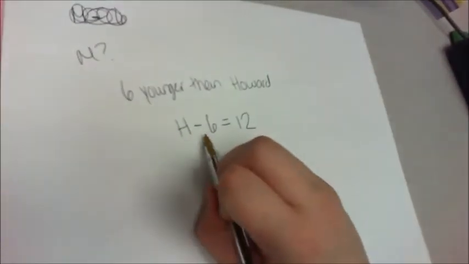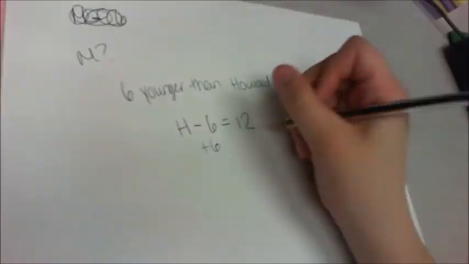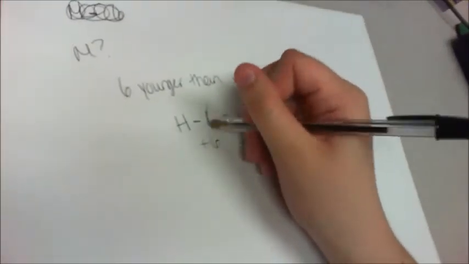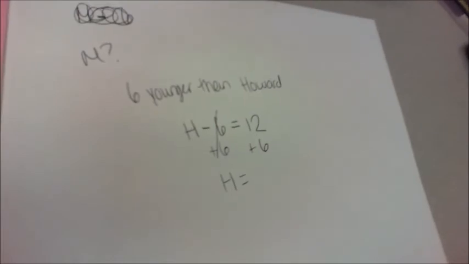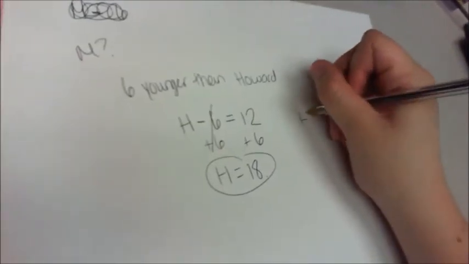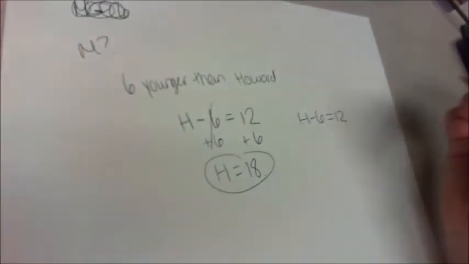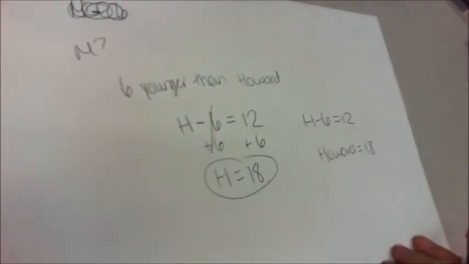To get H by itself, you have to do the opposite of minus 6, which is plus 6 to each side. They cancel. Howard's left by itself. 12 plus 6 is 18. So Howard is 18. So you need to have H minus 6 equals 12, and Howard is 18.